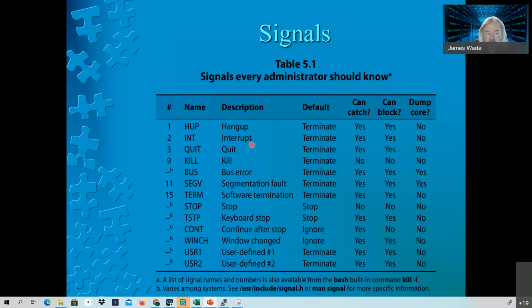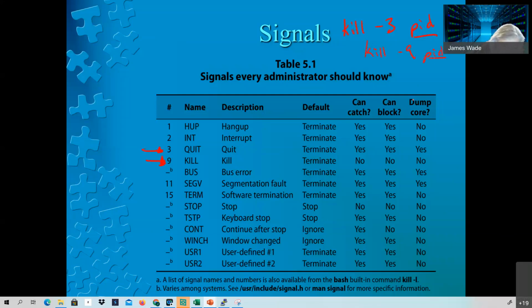INT, interrupt. And so you can do this command as an example, the kill command, and we can go kill -3 and the process ID. That would be telling the process we want to gracefully quit. -9 here literally kills the process. Kill -9 process ID.